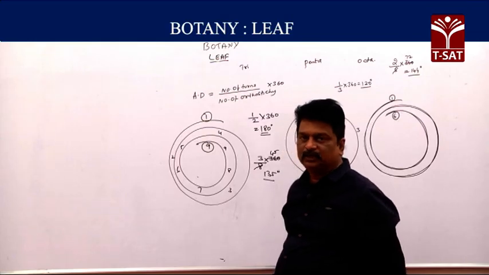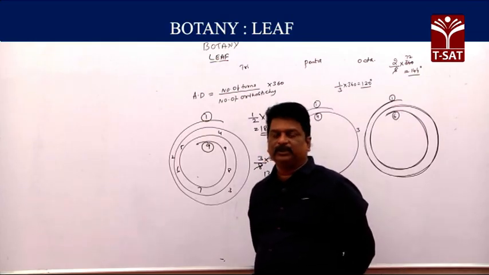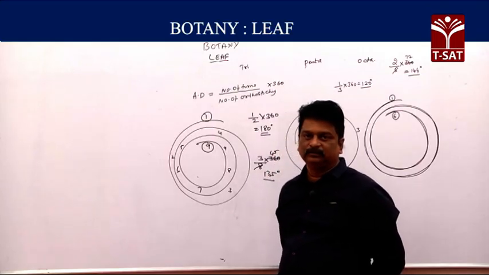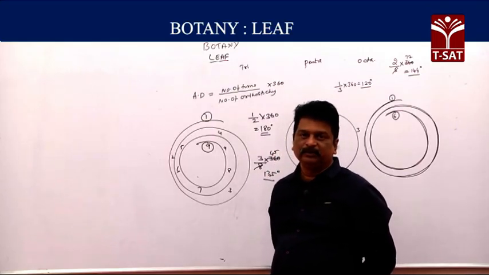Such arrangement is called acropetal. And the major parts of the leaf are leaf base, stipules, petiole, and lamina.